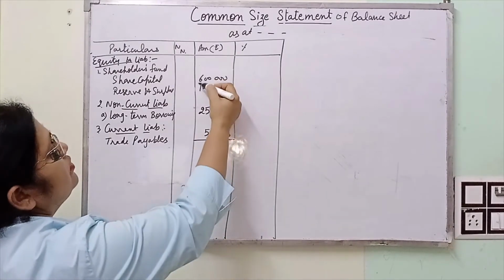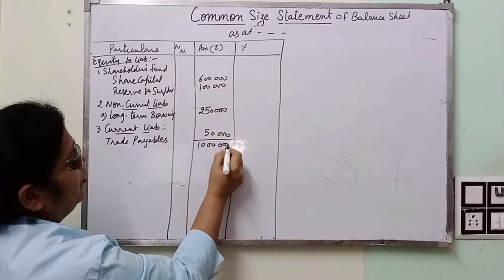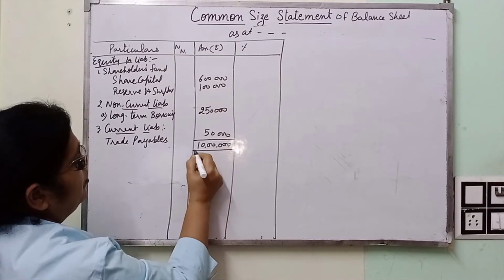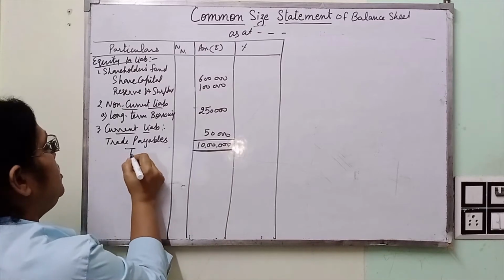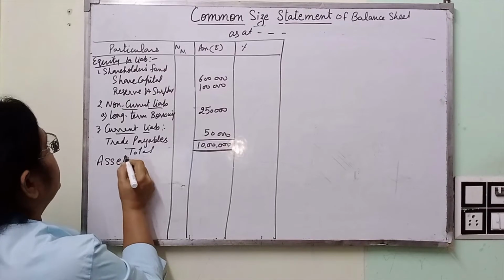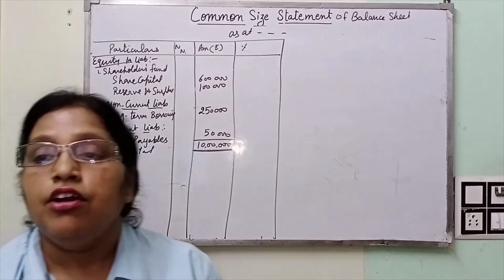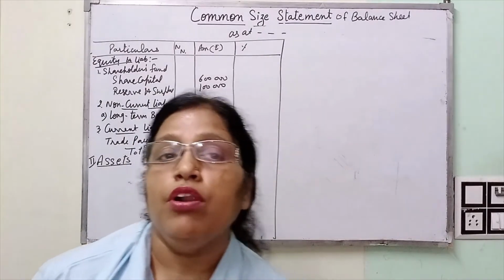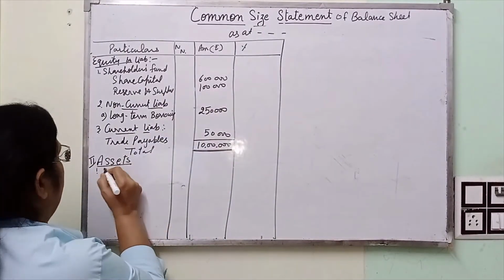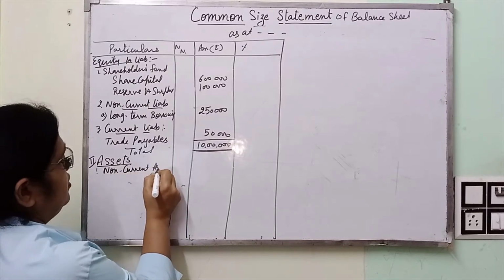Total is 10 lakh. Now this is the total. After this we have to write the amounts on the assets side. Second point. On the assets side, first of all, we have to write non-current assets.